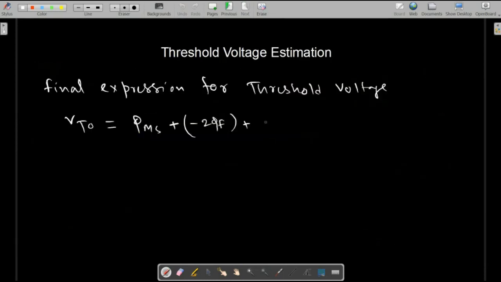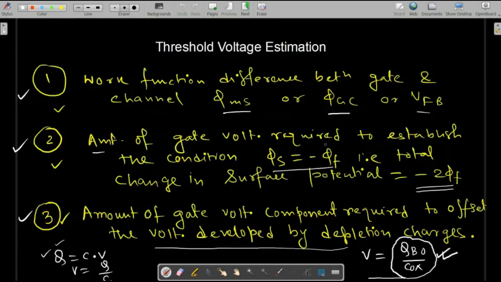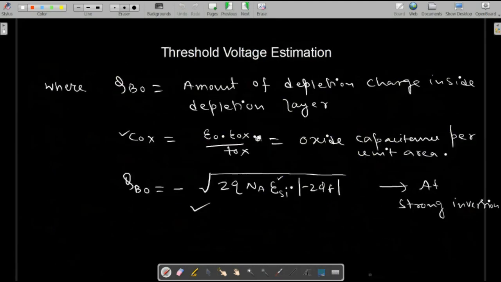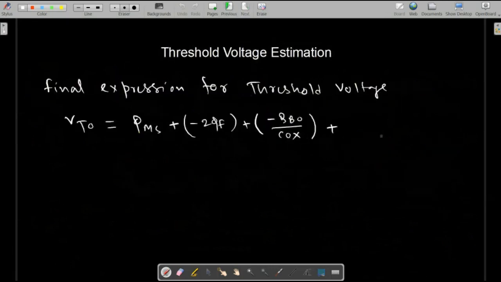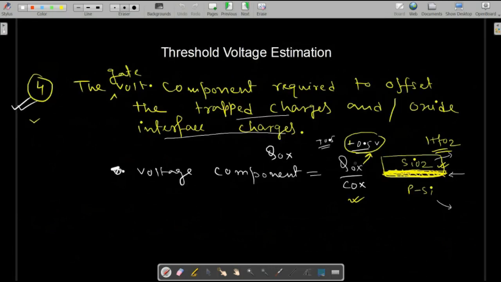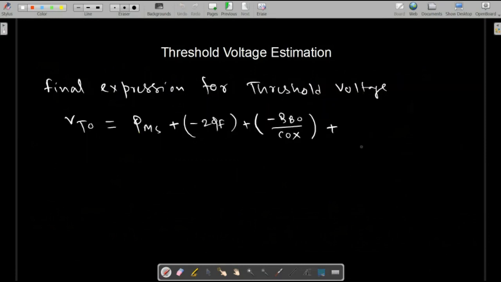How much I will write here? So to offset the charges, to cancel the charges, QB0 by COX is already there. We have to cancel it. So we have to apply opposite amount, equal and opposite. Last one. Oxide and trap charge QOX by COX is voltage. So we have to apply minus QOX by COX.